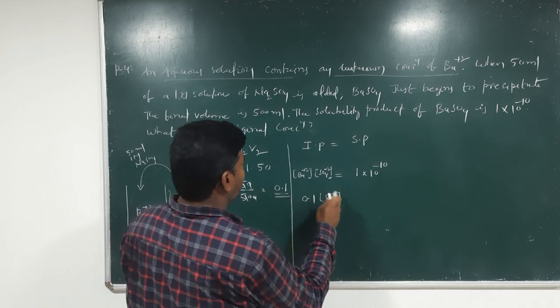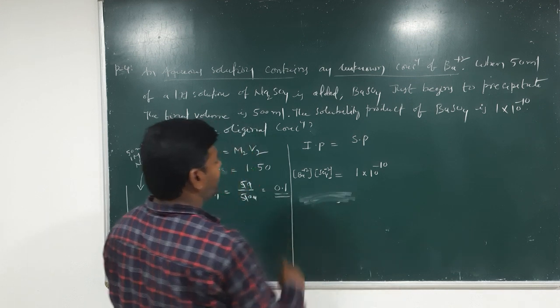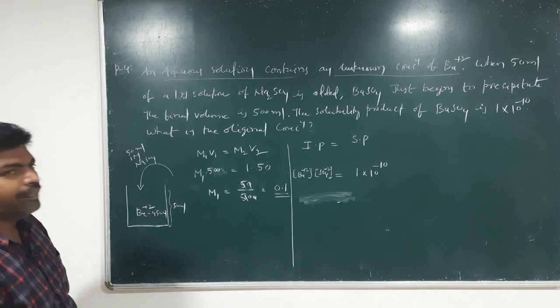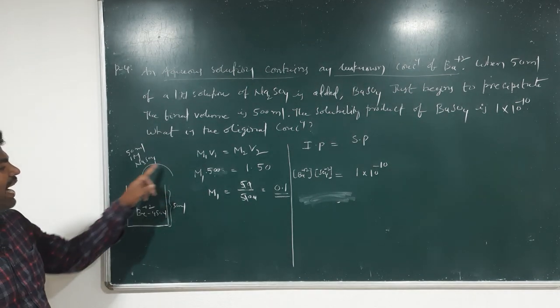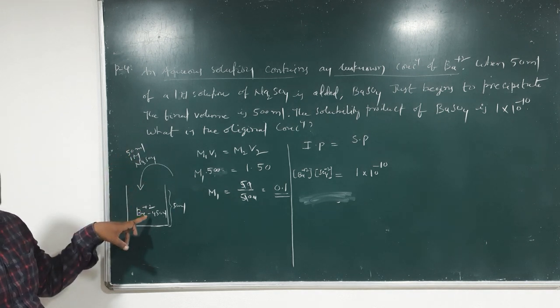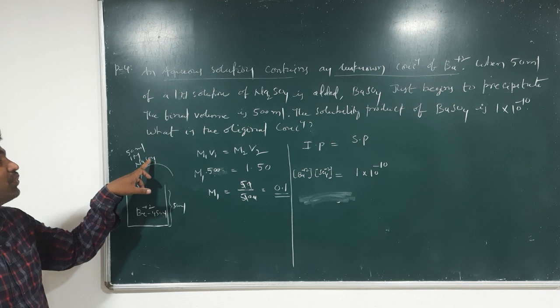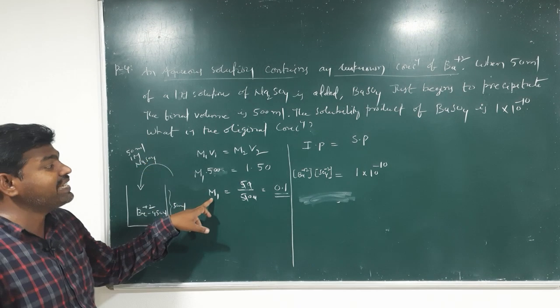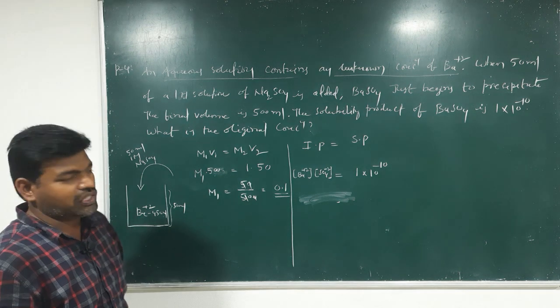So, when we add barium sulfate solution and Na2SO4 solution, there is a common ion, SO4 minus 2. So, this concentration is the SO4 minus ion concentration.